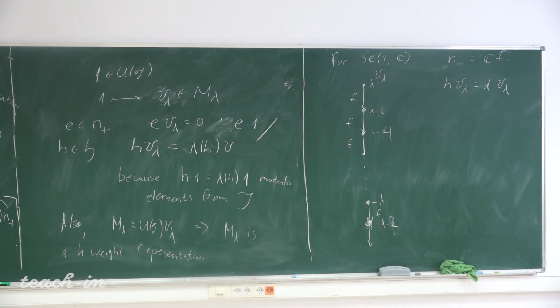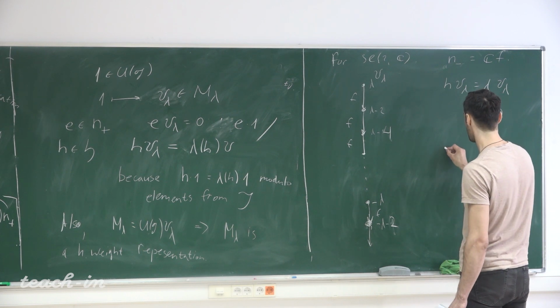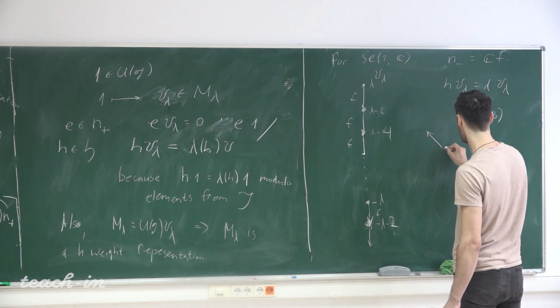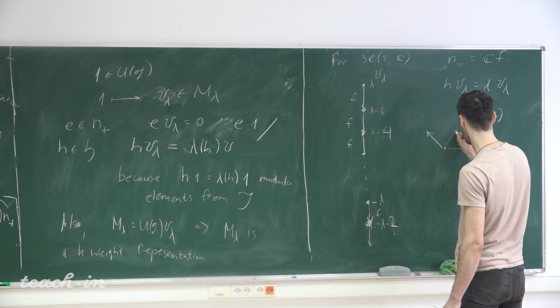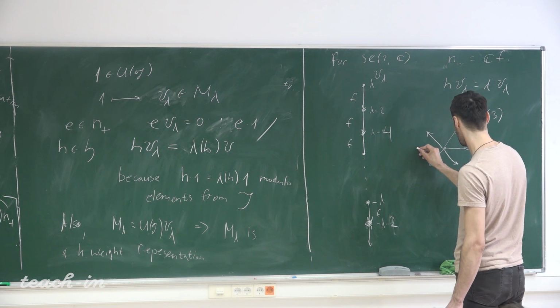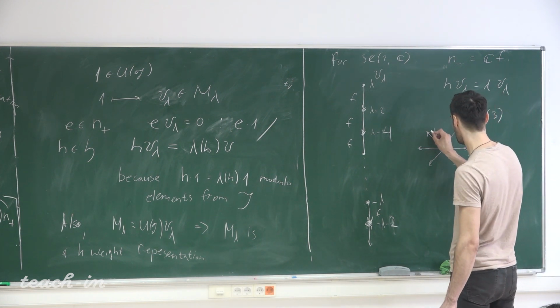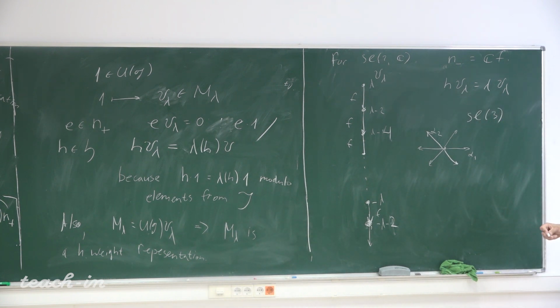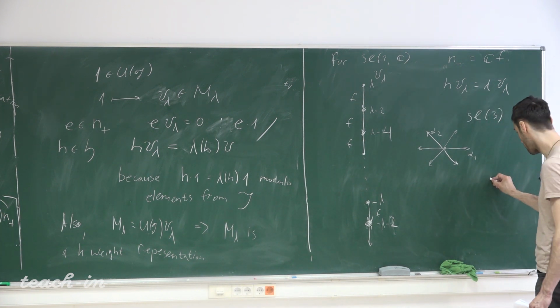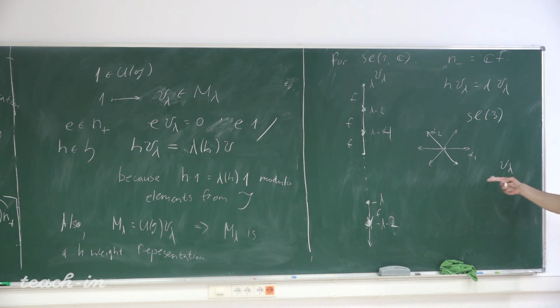But this is the picture in SL2. Now, like in SL3. So remember, you had two simple roots. This one is not simple. So this is the root system for SL3, right? And you had alpha 1, alpha 2. And so for the Verma module for SL3, you start with some V lambda again, and then you act by f's.